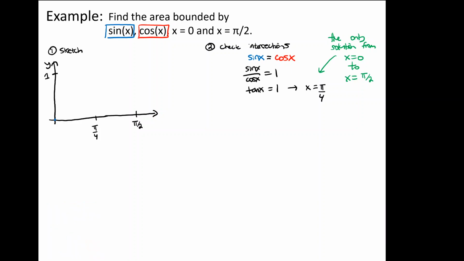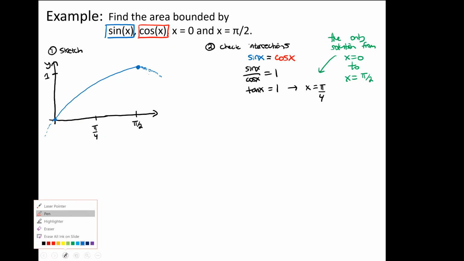Sine of 0 is 0. Sine of pi over 2 is 1. And the shape is going to look like this. It's going to keep going on this side, it's going to keep going on this side, but those pieces are not important for the problem. Now for cosine, cos of 0 is 1. Cos of pi over 2 is 0.